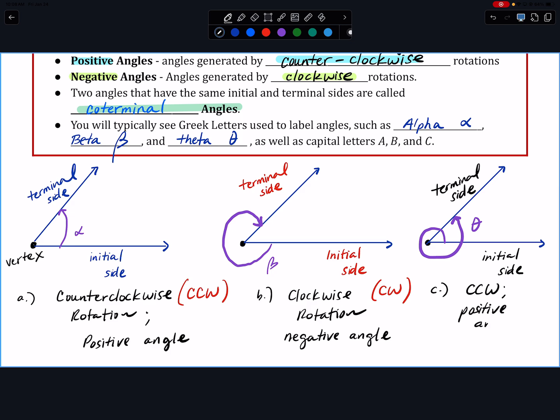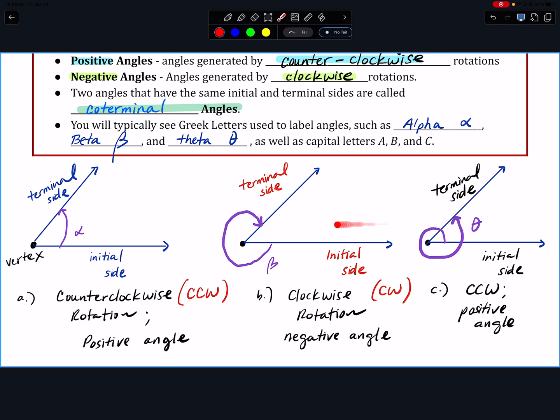So what I want to demonstrate to you guys is these all look different, right? These all are different angles. However, do you guys see how we all started from the same place? Each angle begins on the initial side. And then look where the arrows are. All the arrows meet on the terminal side, okay? But this is not the same degrees as this, and this is not the same degrees as this.